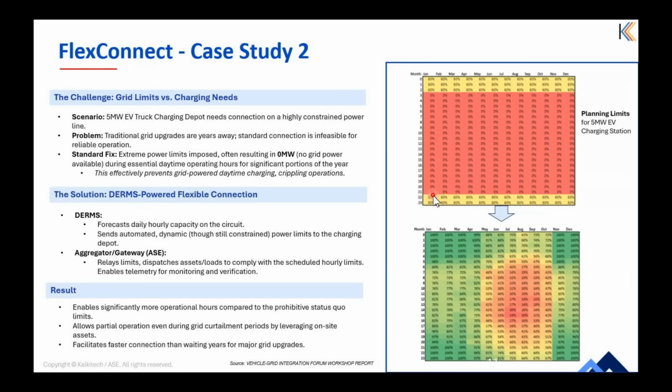With the FlexConnect approach shown on the bottom heat map, the area clearly still has significant grid constraints, referred to as the dynamic limits. FlexConnect provides substantially more operating capacity compared to the current status quo. It avoids those prolonged 0% periods, allowing for more constrained charging opportunities.